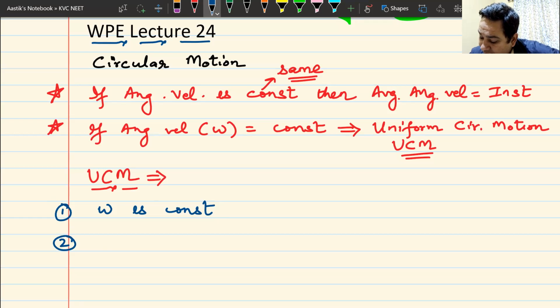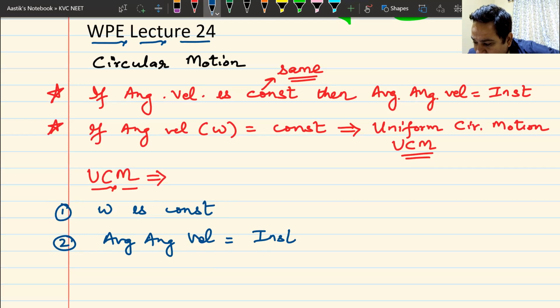Number two, I can write omega velocity, right? Okay, I just do not want to make it complicated for you guys. So what I'll do is we just take this down. So your average angular velocity would be equal to your instantaneous angular velocity.